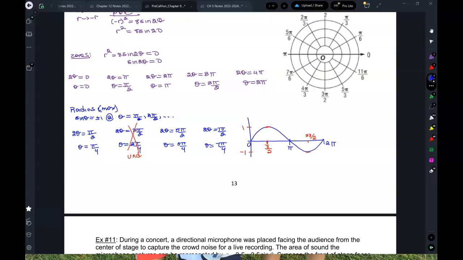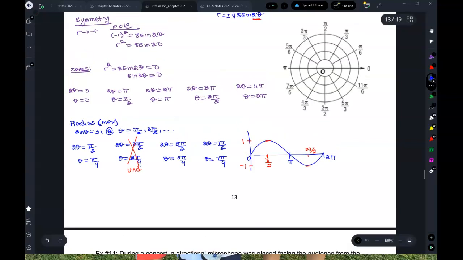Now, what we are doing is we have this specific function, r squared equals 8 sine 2 theta. What we want to do is find out at what points this specific function has maxima. So at what points, when I graph this, does it go farthest from the axis or from the pole? Okay, that's what I'm trying to find.